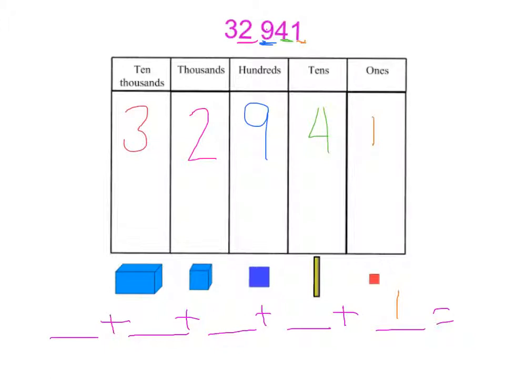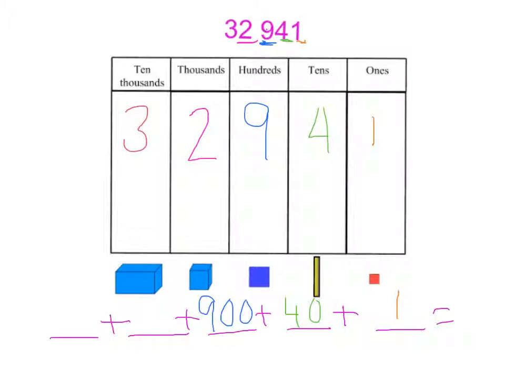So we're going to write that as 4 tens, which is 40. Our hundreds. We have 9 hundreds, which is 900. Good one.